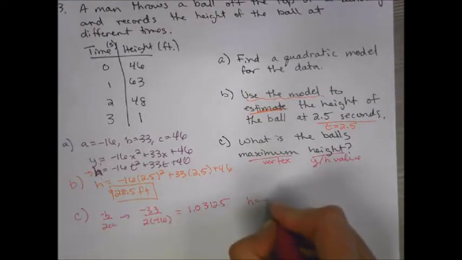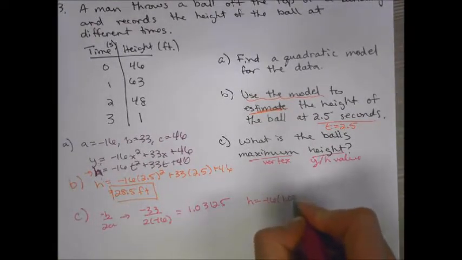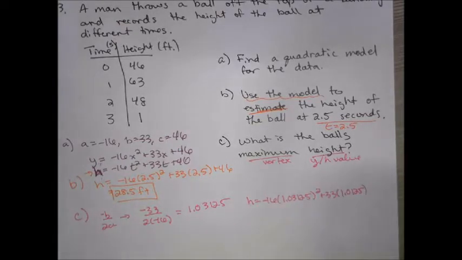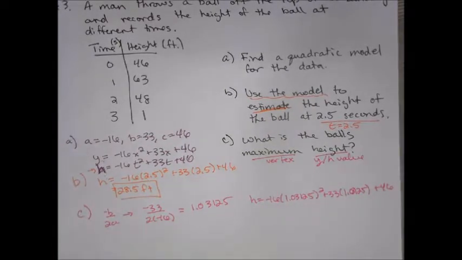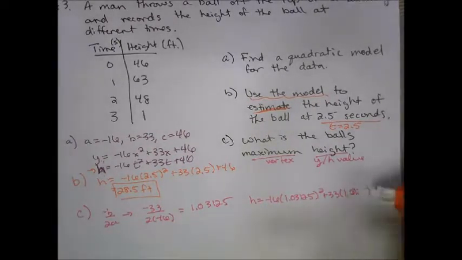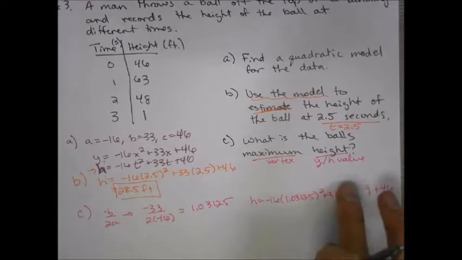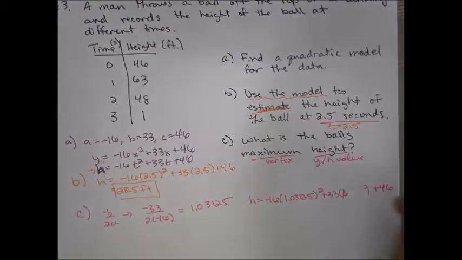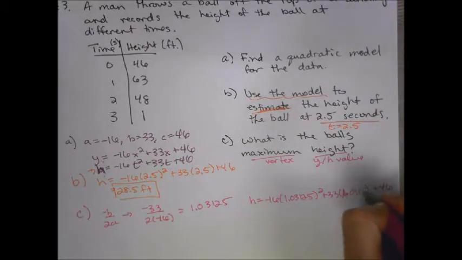H equals negative 16 times 1.03125 squared plus 33 times 1.03125. Oh, I forgot a 3 in there. Plus 46. Let me write this number better, 1.03125.